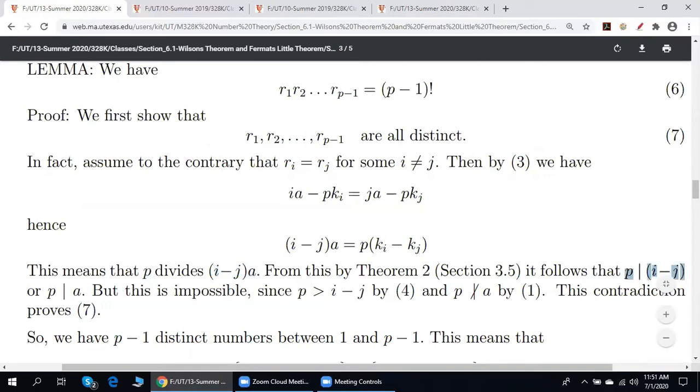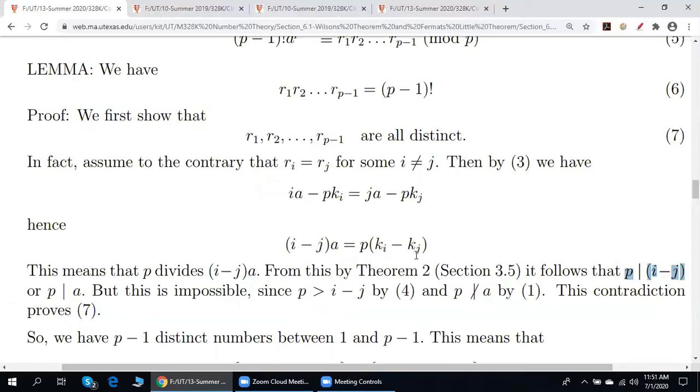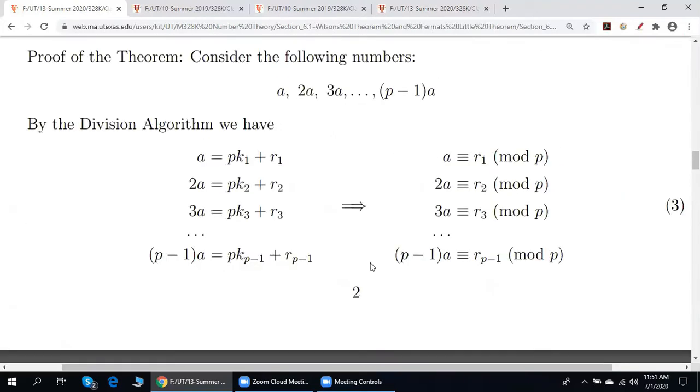It's written over here, either P divides I minus J or P divides A. Note that this is impossible because P is greater than I and P is greater than J. Remember, I is between 1 and P minus 1, and of course J is between 1 and P minus 1.